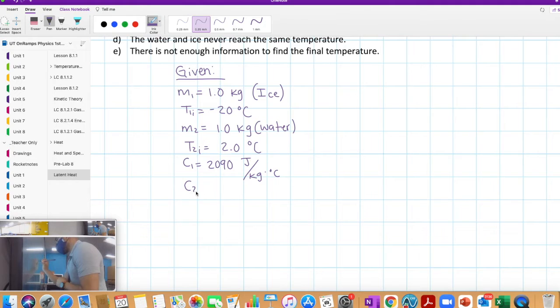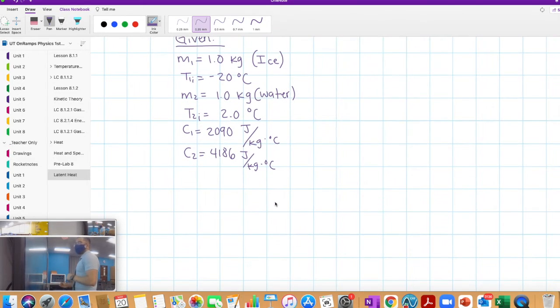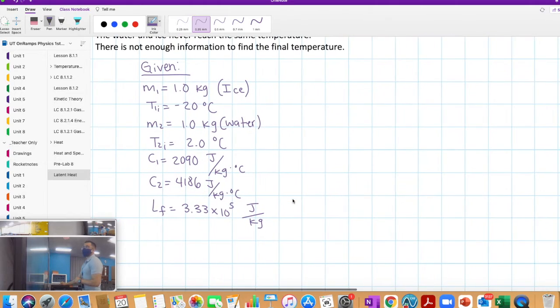And then specific heat of water, we'll call that C sub 2, that is 4,186 joules per kilogram times degrees Celsius, and then we have the latent heat of fusion, which in this case is the same for both. And that is 3.33 times 10 to the 5th power joules per kilogram. Okay, there's our given. Now let's work on algebra.